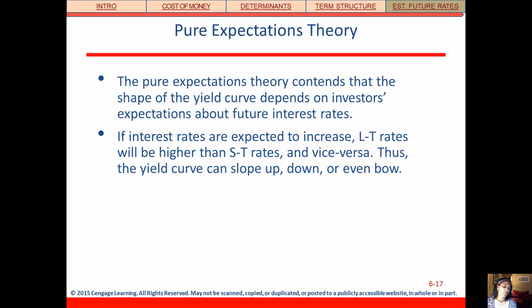Now let's briefly talk about why the yield curve looks the way that it does. One theory is pure expectations. What that's saying is that the yield curve tends to be upward sloping because of investors' expectations of future interest rates. Investors expect interest rates to rise, so long-term rates are going to be higher than short-term rates.